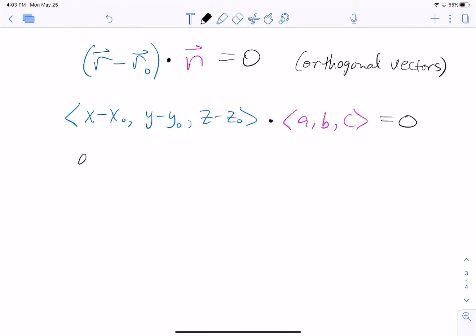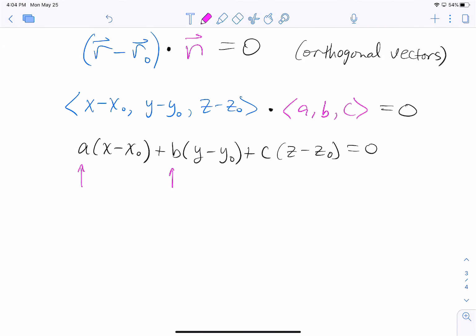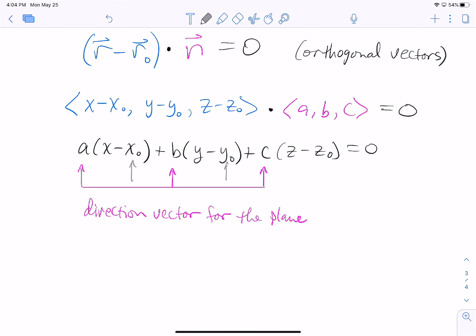Computing the dot product gives us a times the quantity x minus x naught, plus b times the quantity y minus y naught, plus c times the quantity z minus z naught is equal to 0. The components a, b, and c are the direction vector for the plane, and the numbers x naught, y naught, z naught are the coordinates for a point on the plane.